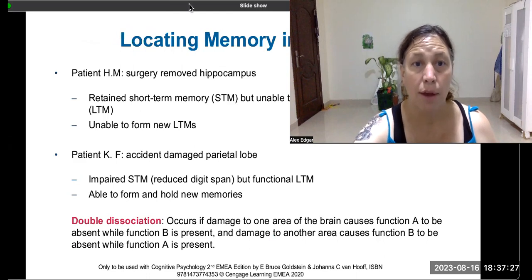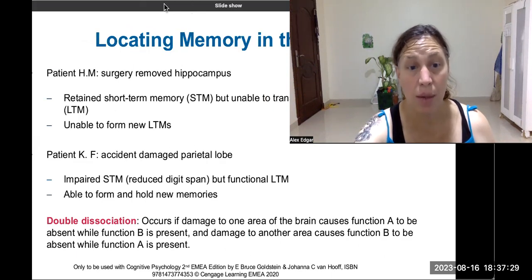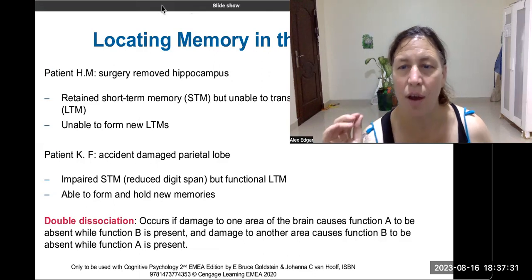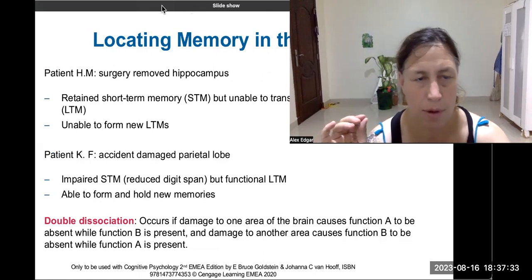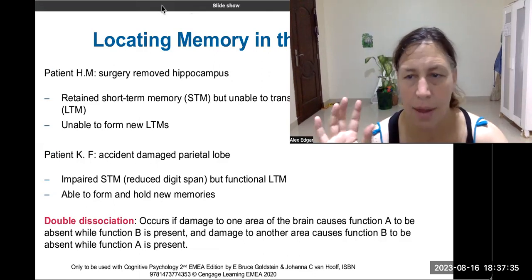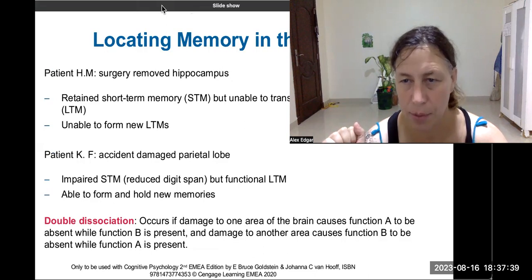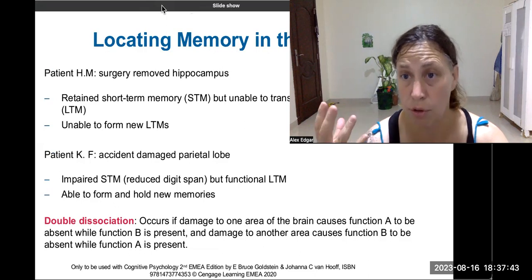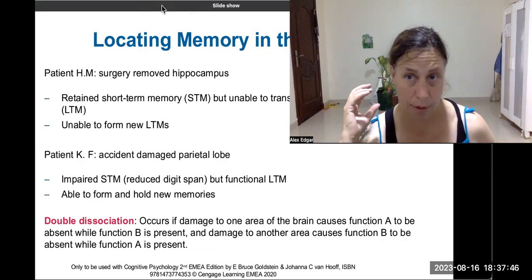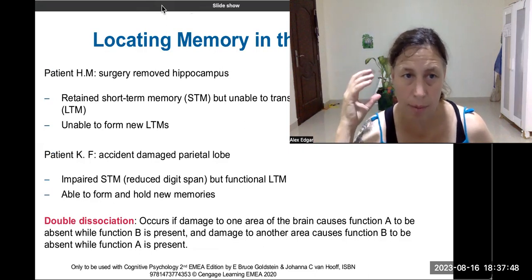So now we come to locating memory in the brain. Now I really want to come back to these because these are fascinating human interest stories. HM is extremely famous. He was someone who had, I think it was cancer in the brain. They saved his life, but in order to do so, they had to remove his hippocampus. Remember, the hippocampus is involved in memory.